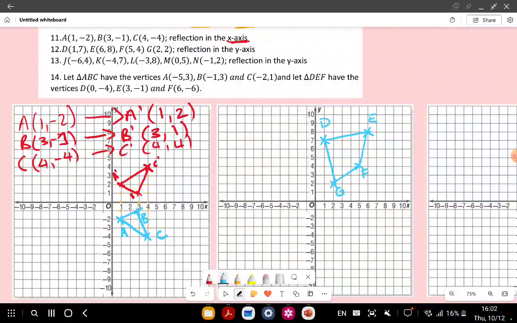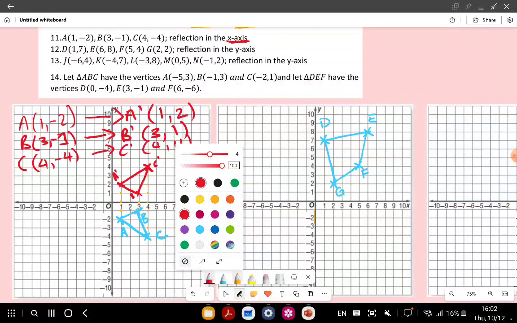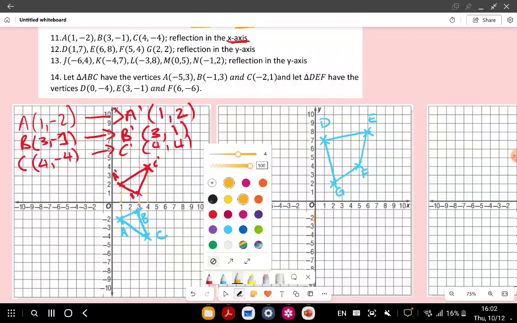Now we are going to reflect about the y-axis. This is the y-axis. So we're reflecting about the y-axis. So let's do this one using the numbers first. I can swap this out to black.